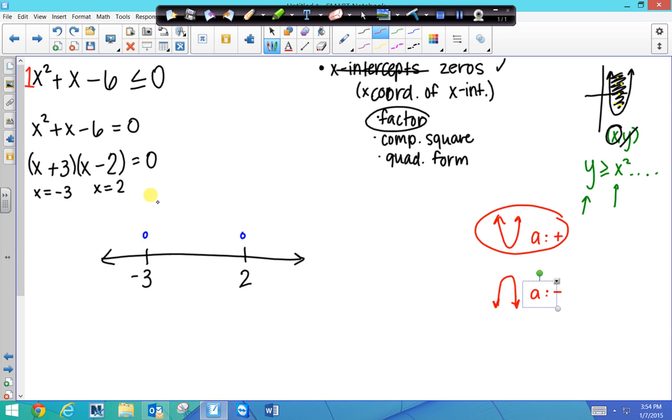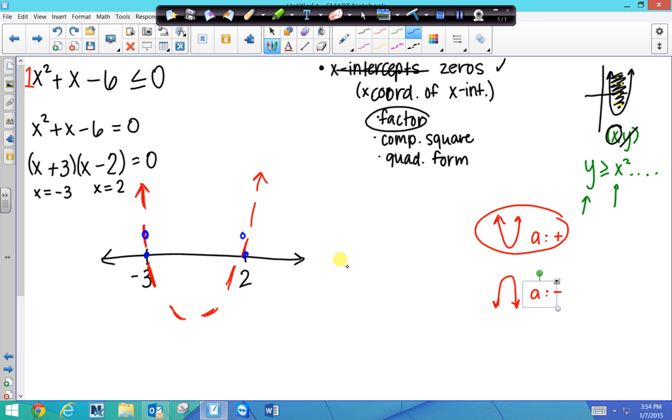So we're going to imagine that that graph is really in here. And so here would be our imaginary graph. It's facing up. It goes through the x-axis at the points -3 and 2. And what we're going to be trying to determine is whether we're positive or negative when we're on the left, the right, and in between.